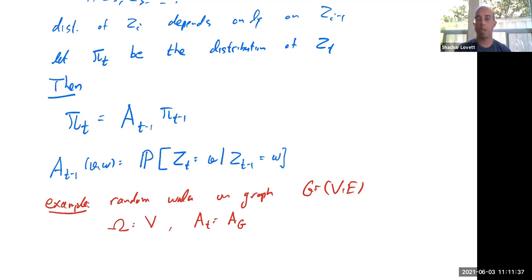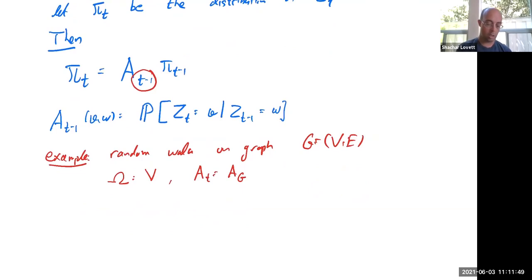And the main change we allow for general Markov chains is that the transition could change with time. It could depend on the time step. So in general, if A_t is some A for all t, then the Markov chain is called homogeneous.